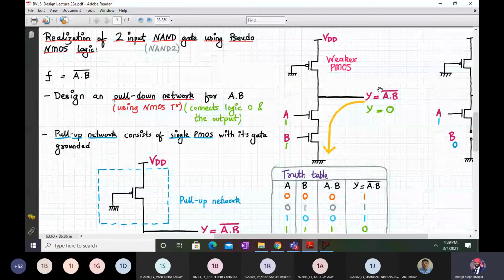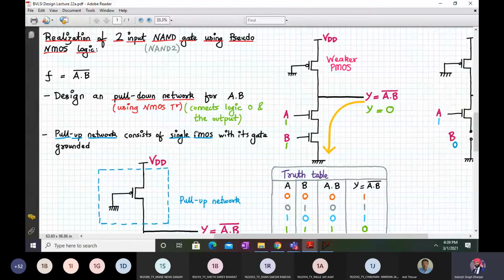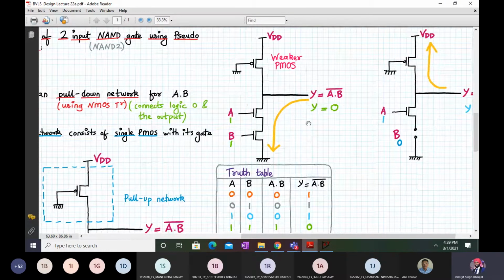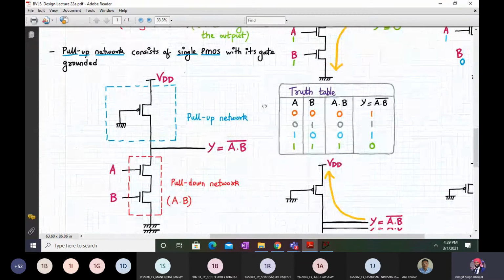Its only job is to connect the ground and the output whenever it is on. And the pull-up network will consist of a single PMOS transistor which is gate grounded. And here we are considering a stronger pull-down and a weaker pull-up. Okay. So over here, we will consider the various cases.